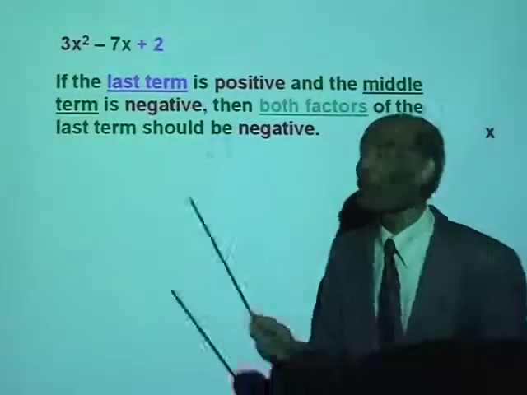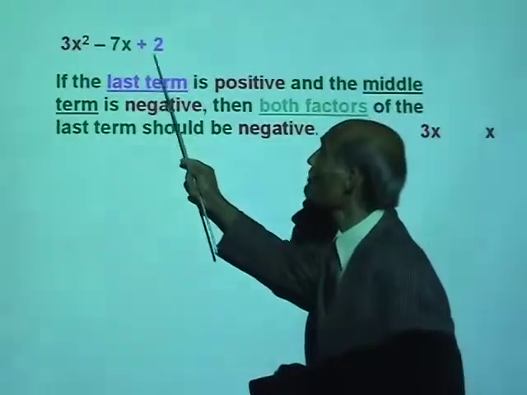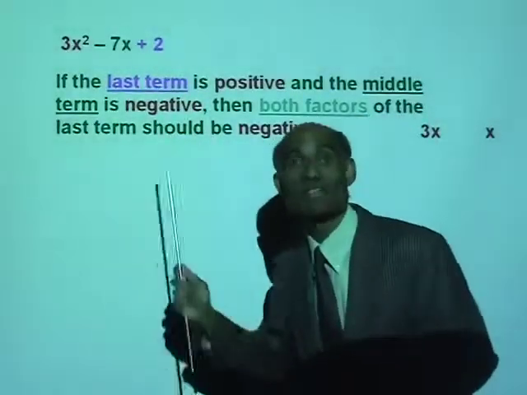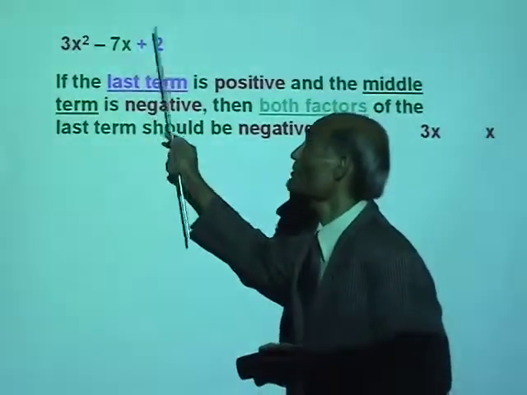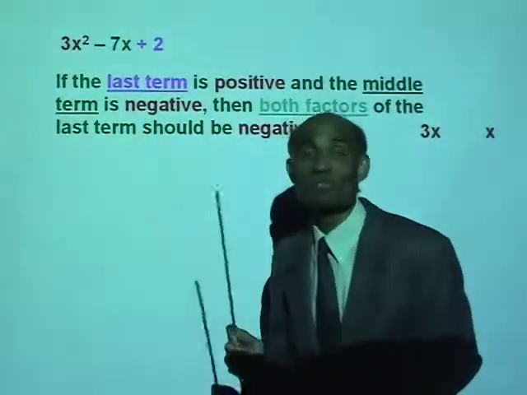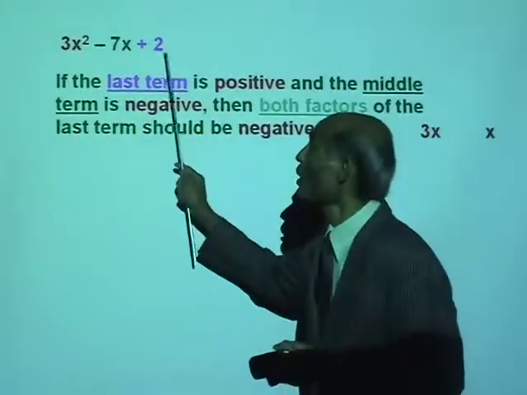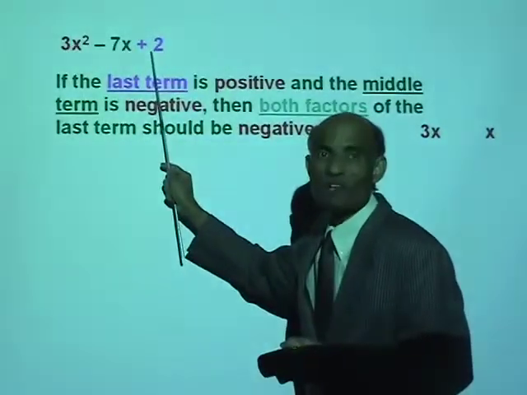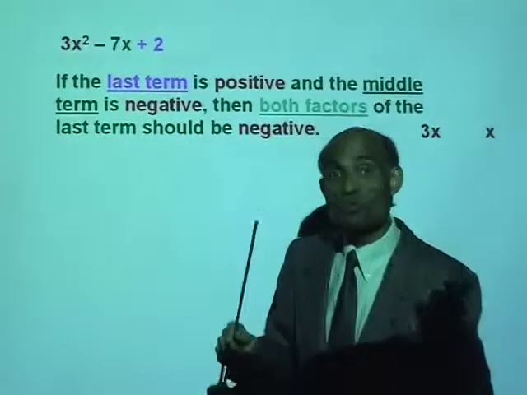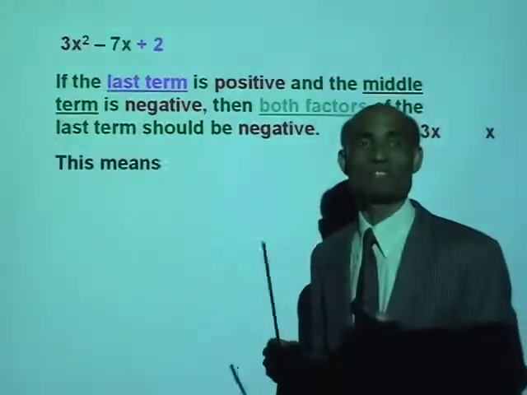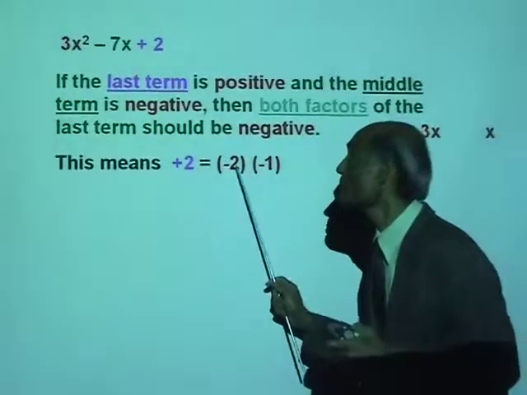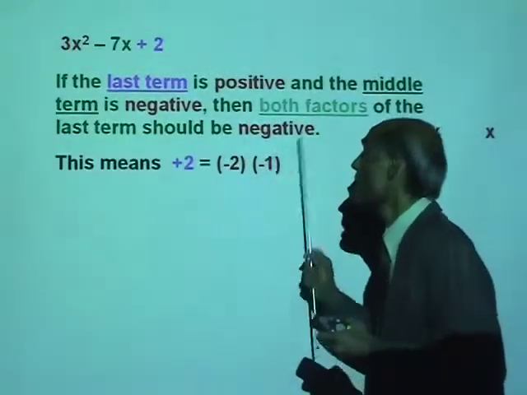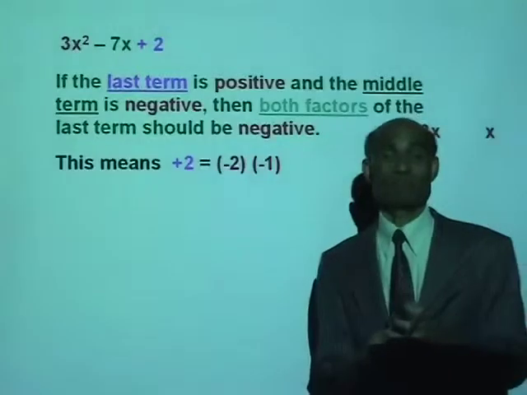Okay, and therefore, what are the factors of this positive 2 for us in this case? Our last term is positive and the middle term is negative. Therefore, you must factor this positive 2 as two negative factors. That means we must choose positive 2 equals negative 2 times negative 1.